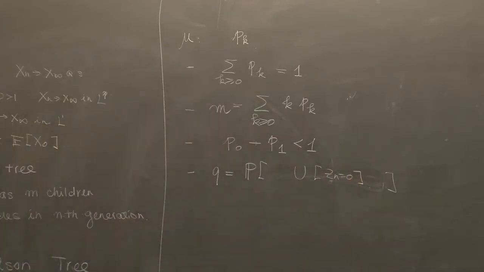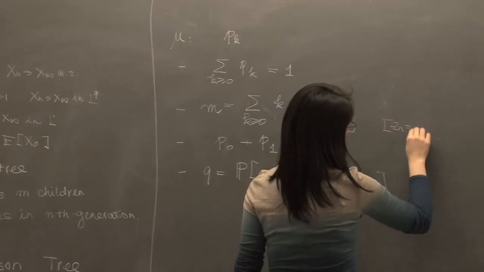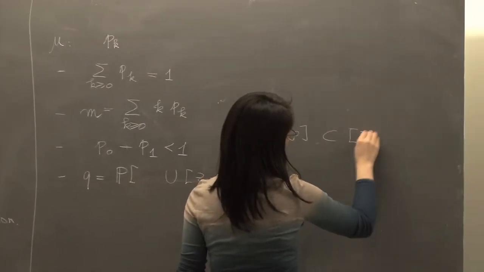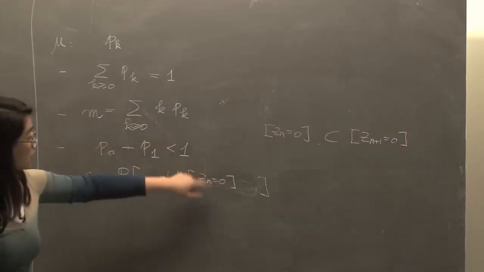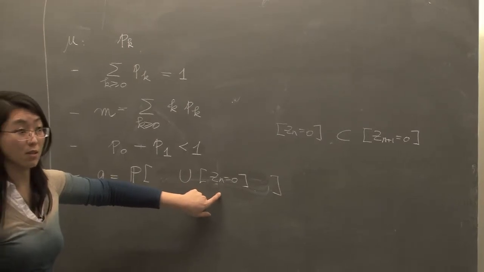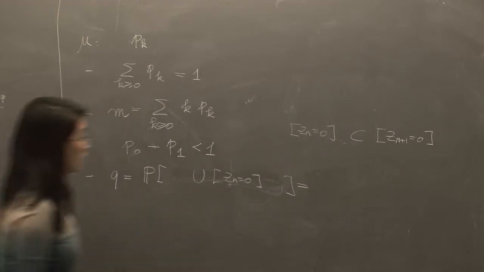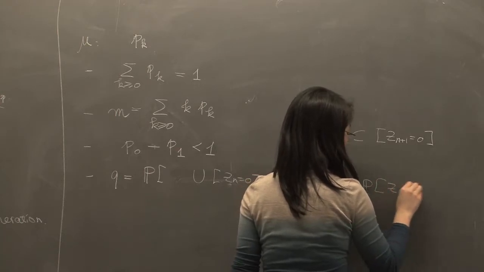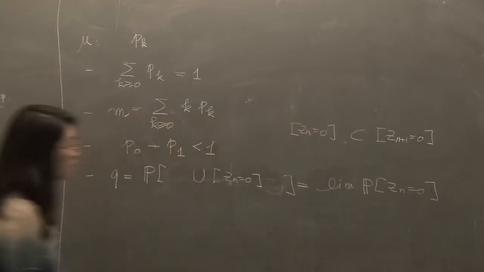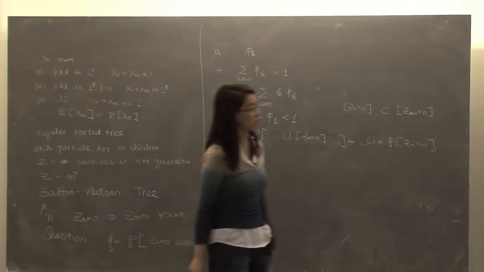And here we can also see that if Z_n equals 0, it implies Z_{n+1} equals 0. So in this union, this is an increasing sequence of events. So this tells us that this probability Q is the limit of the probability that Z_n equals 0. Okay, so this is the extinction probability.